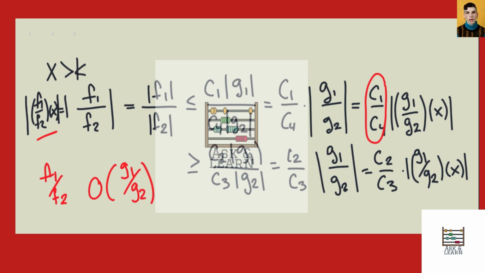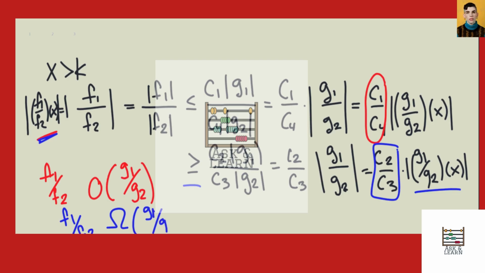Okay, and we also know then that this function here, this f1 over f2, must be greater than or equal to some other constant, namely c2 over c3, times the absolute value of g1 over g2. The same thing, so then we have that it's big omega of g1 over g2. And since it's both big O and big omega, then f1 over f2 must be big theta of g1 over g2. All right, and that would conclude the proof.